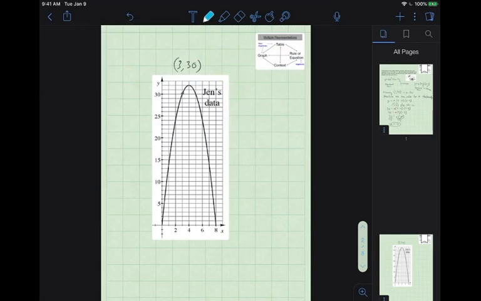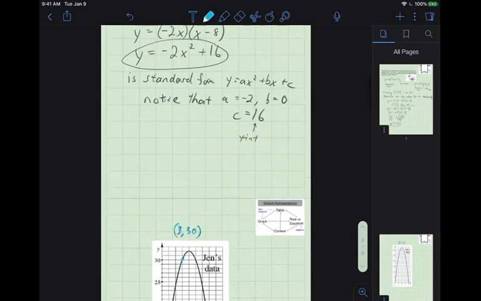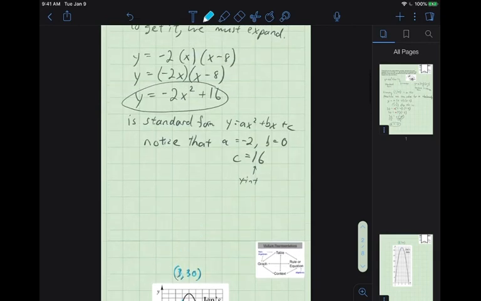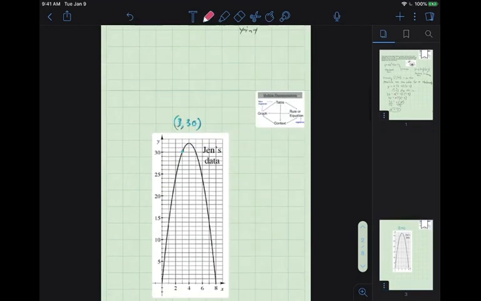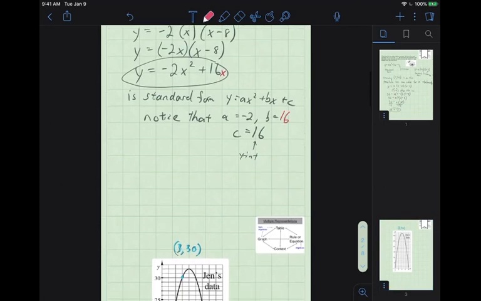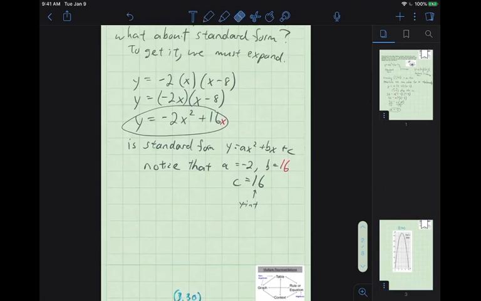Here's the point that we selected, 3, 30. Second, I feel like I messed up with the y-intercept. Yeah, I did. Mistake. It's 16x. So then b is 16. C is 0. So we don't have a y-intercept here. There we go.